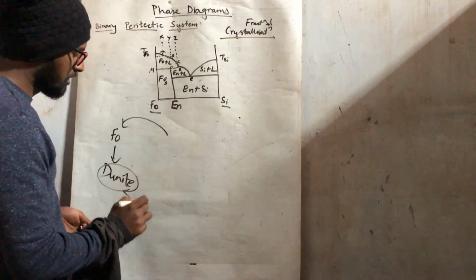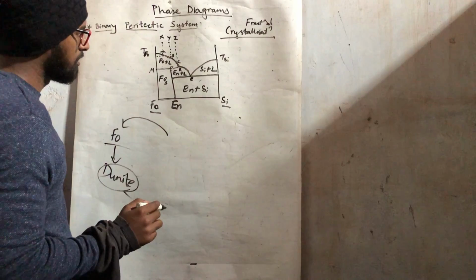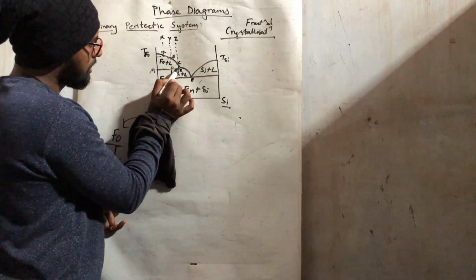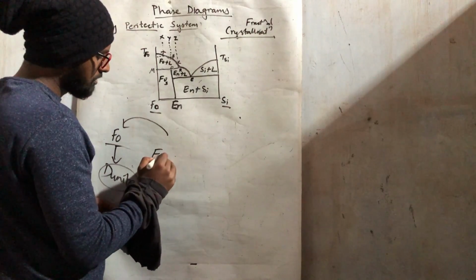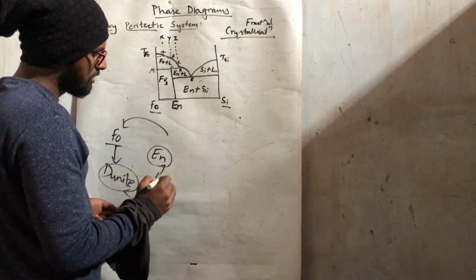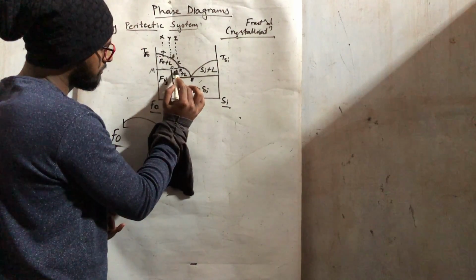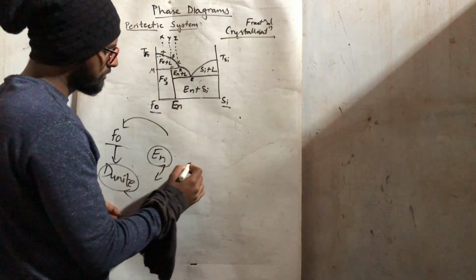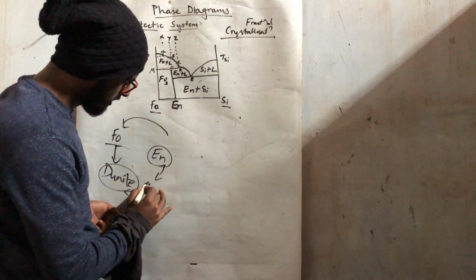Dunite is a monomineralic rock composed only of olivine, mostly forsterite. And then at point R, it will behave as enstatite melt, and enstatite will keep crystallizing up to point E, and then this will produce pyroxenite.